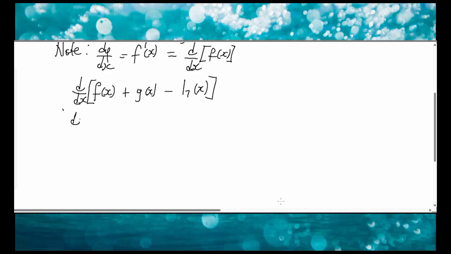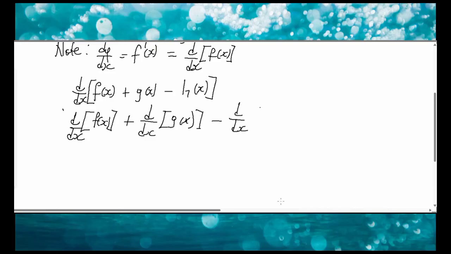So we're going to have d dx of what? f of x, then plus d dx of g of x, then the next one is minus d dx of h of x.